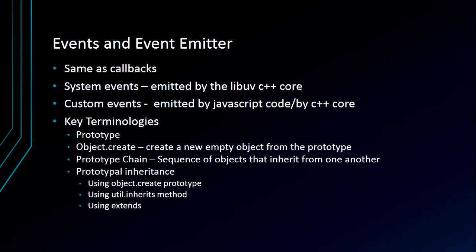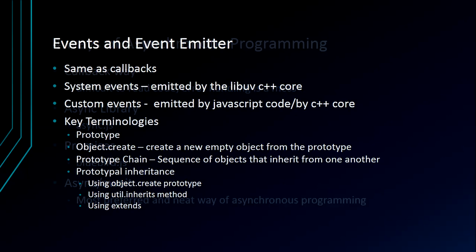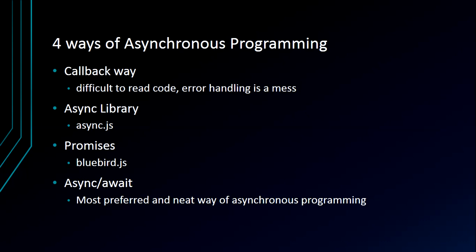The custom events are emitted by the JavaScript core of your Node. Sometimes they can also be wrappers of your C++ core as well. And that brings us to the end of event emitter, and it also brings us to the start of a very important concept called asynchronous programming.